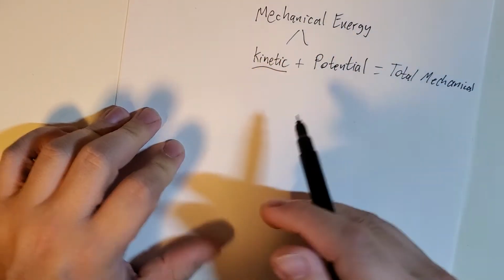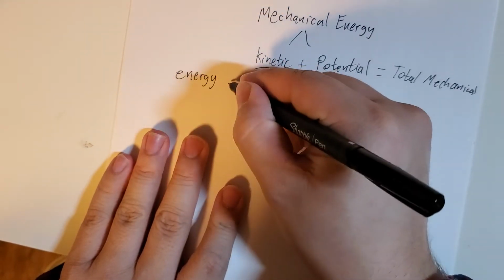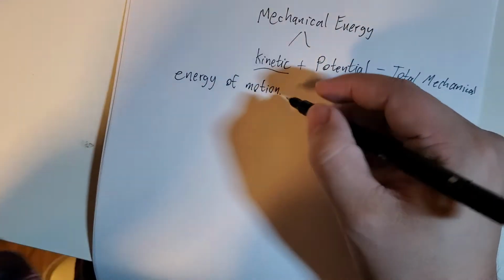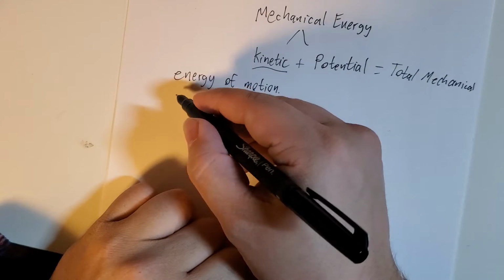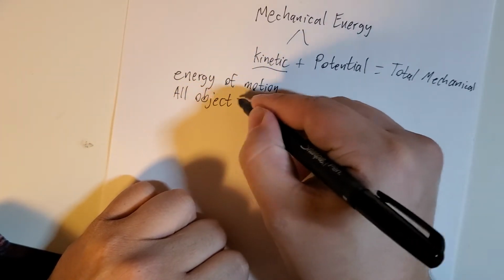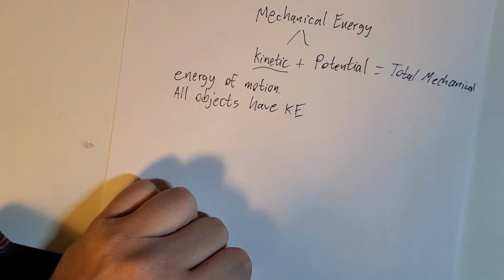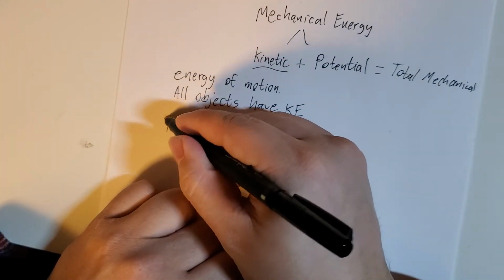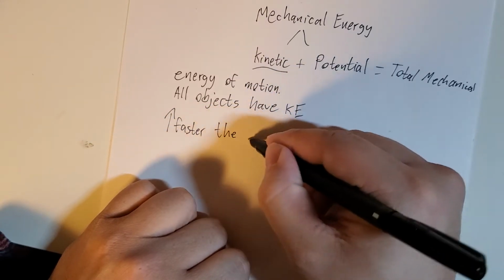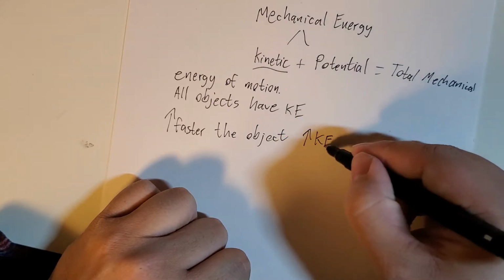So with kinetic, this is the energy of motion. All objects have kinetic energy, at least some, and they use KE for kinetic energy. The faster the object, no surprise, the more kinetic energy.